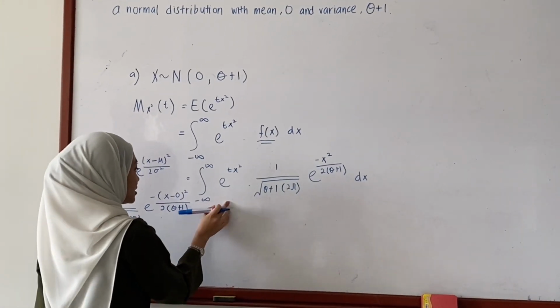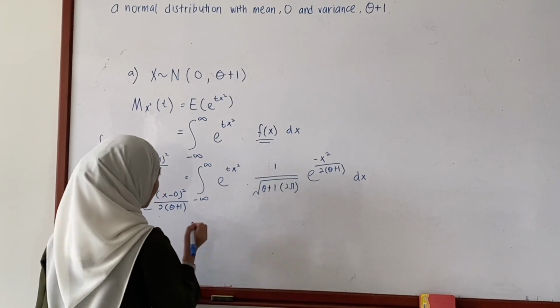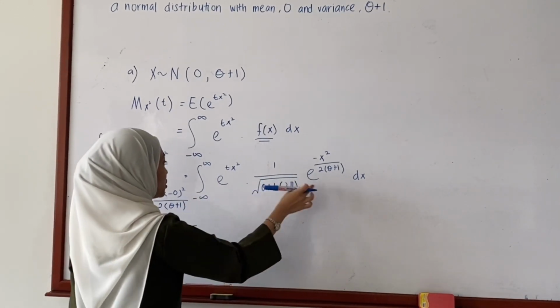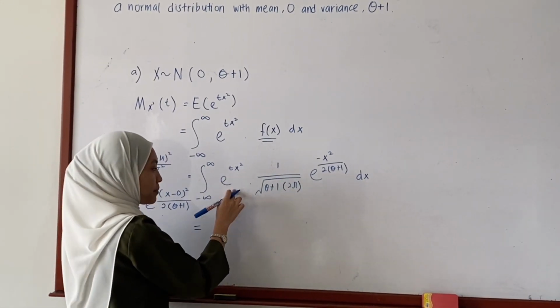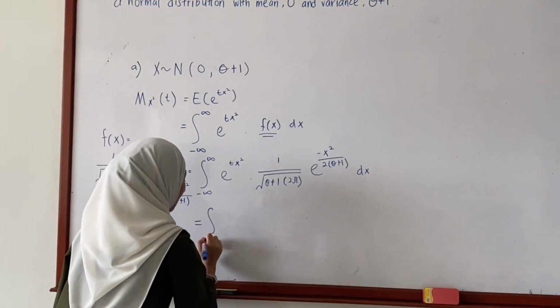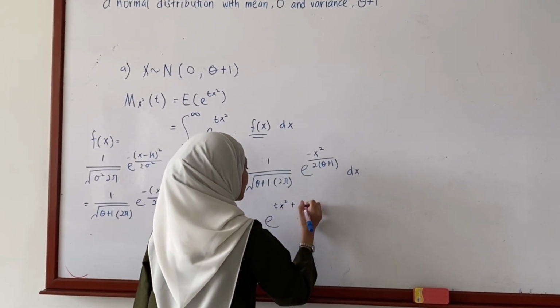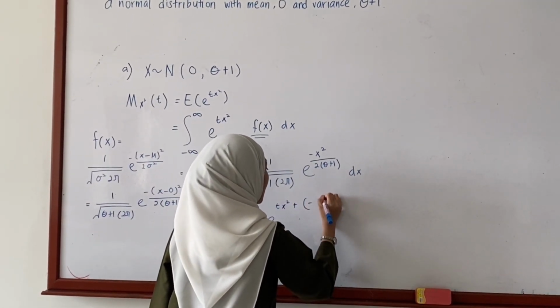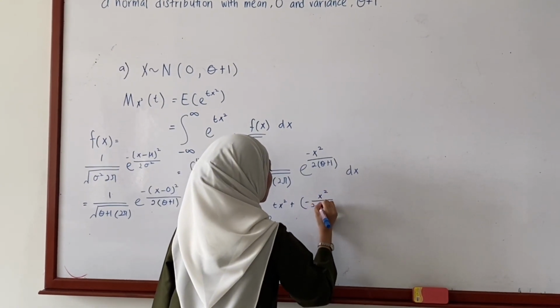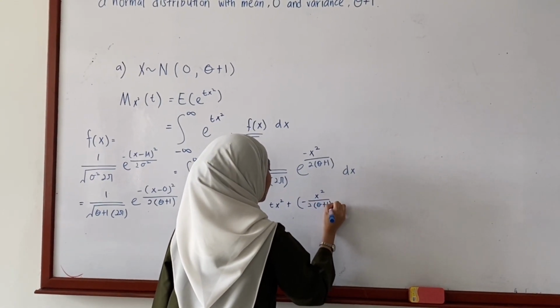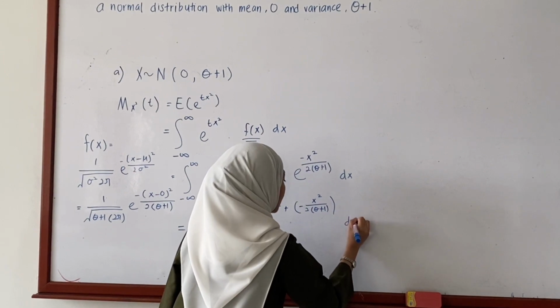From this step, we need to combine the exponentials since they have the same base. Then, plus negative x squared over 2 theta plus 1, dx.